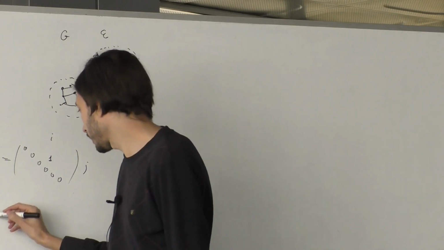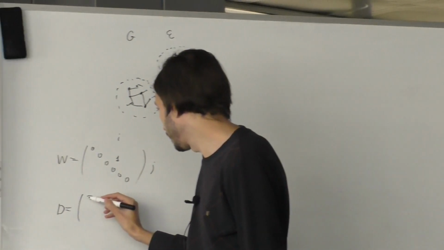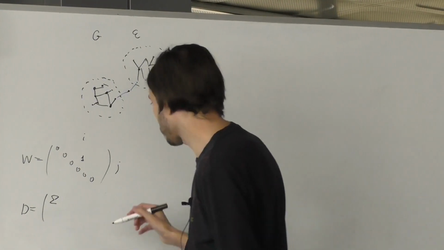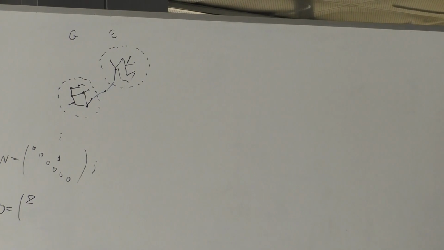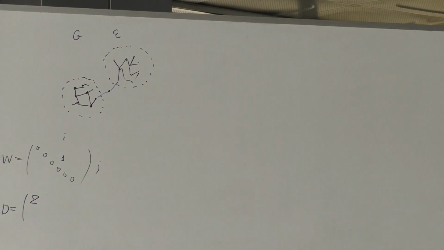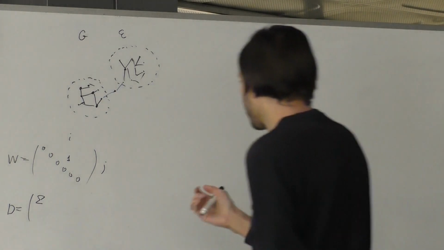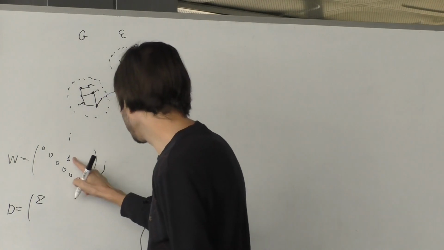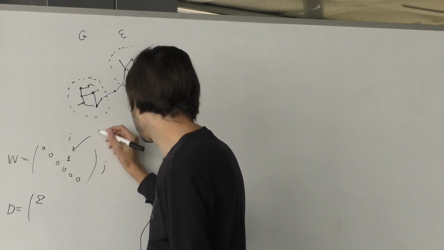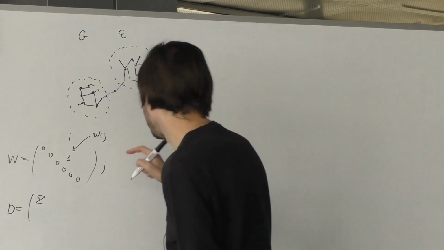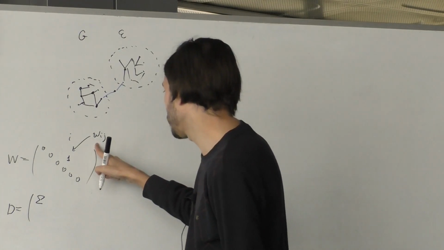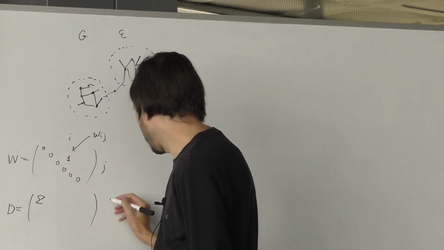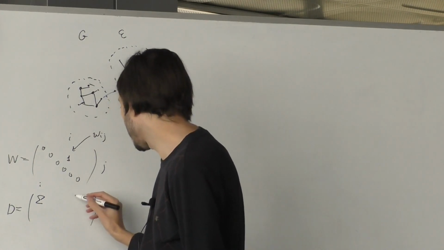The other matrix will be matrix D that contains the sum of squares of the weights that we have between points I and J. So this component, let me call it small w, I, J. Here for each point I, this will be a diagonal matrix.